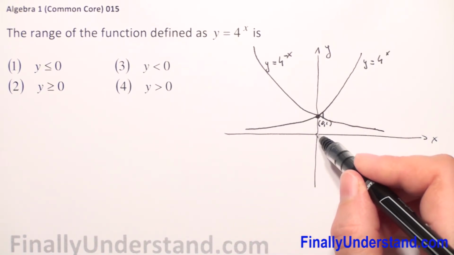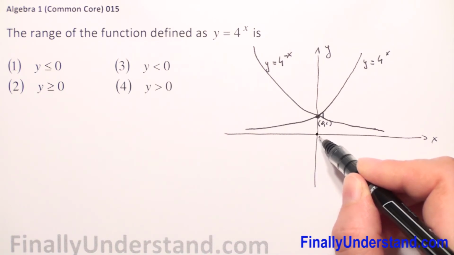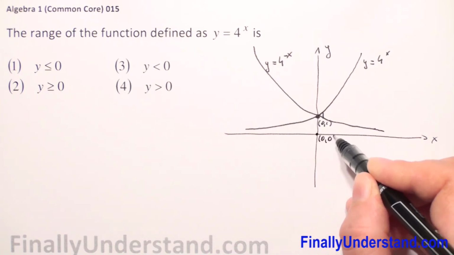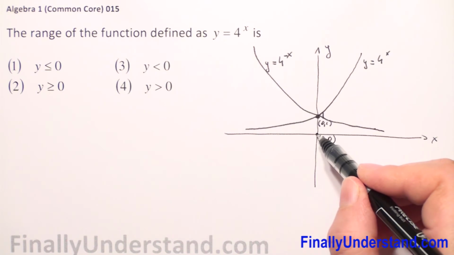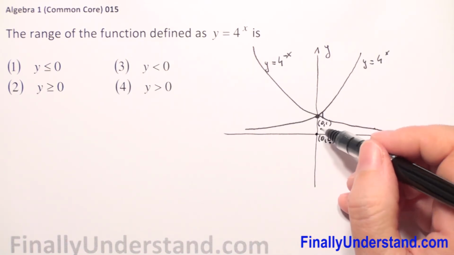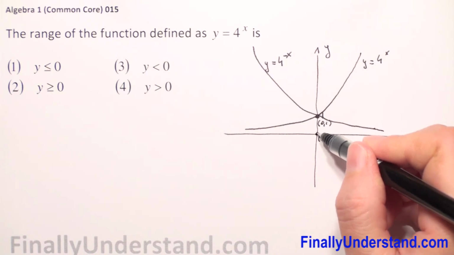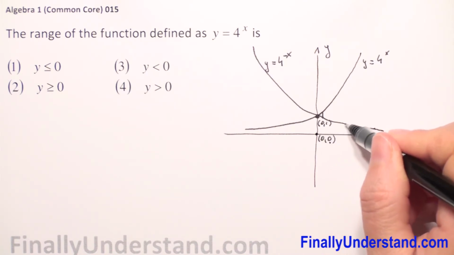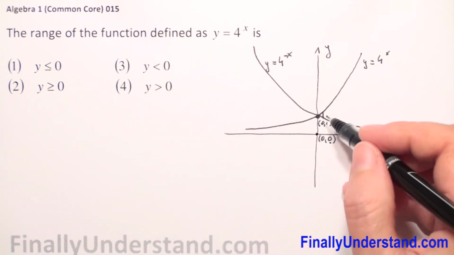They are very close to 0, but this is the point (0, 0), value 0, but never pass this x-axis. So we can write that the values are greater than 0. They never touch this x-axis.